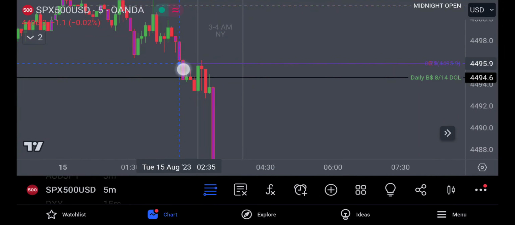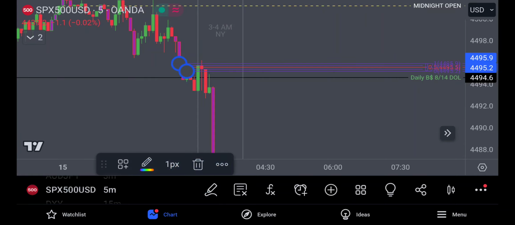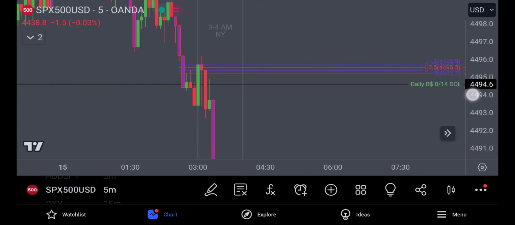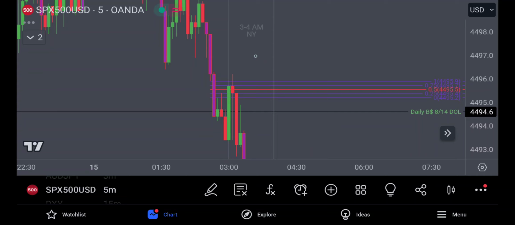Here is an FVG. Between 3 to 4 a.m. Eastern Standard Time, price trades within, right here, directly at 3 a.m., and it actually respects this FVG.